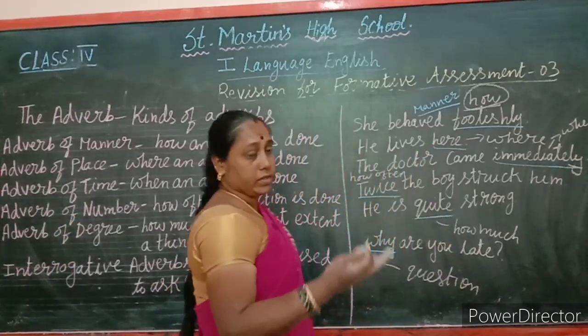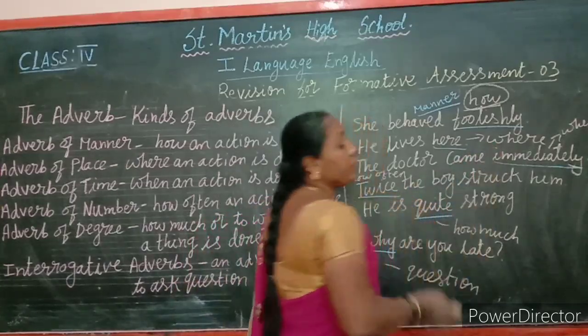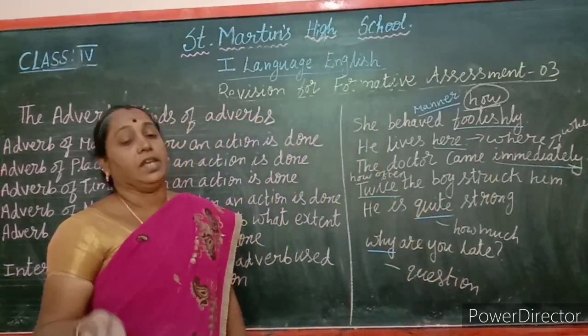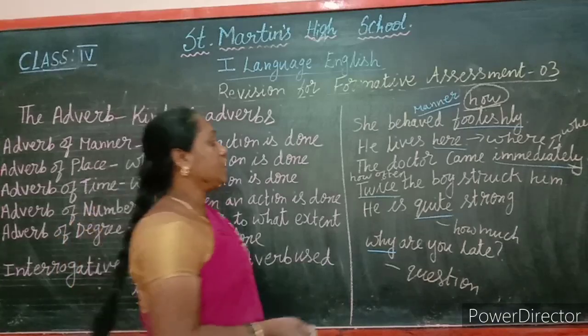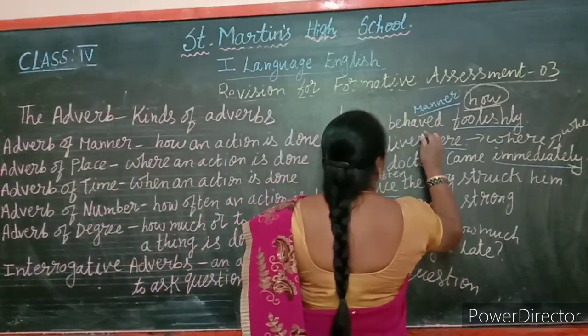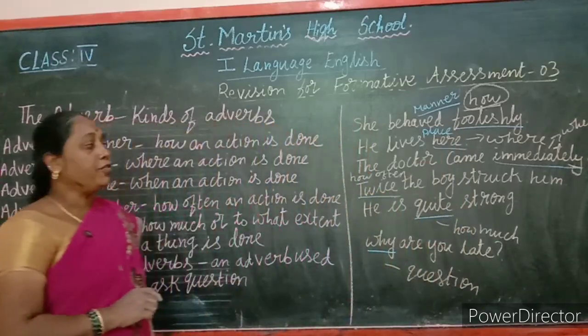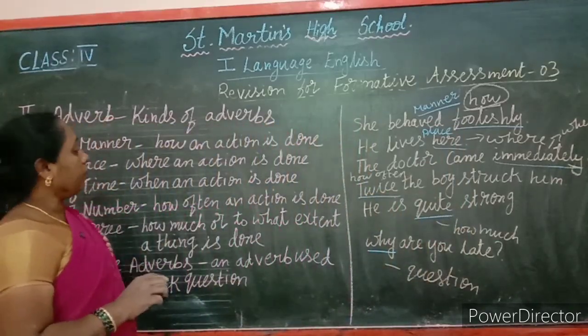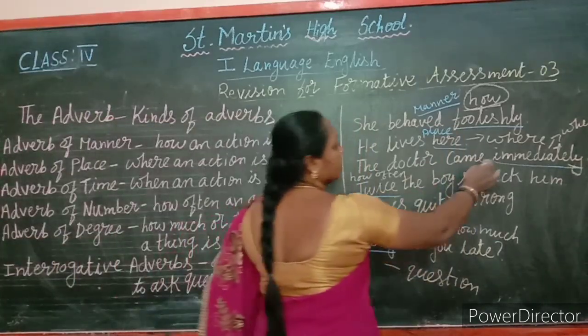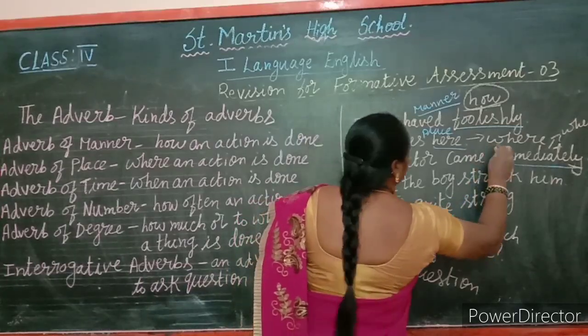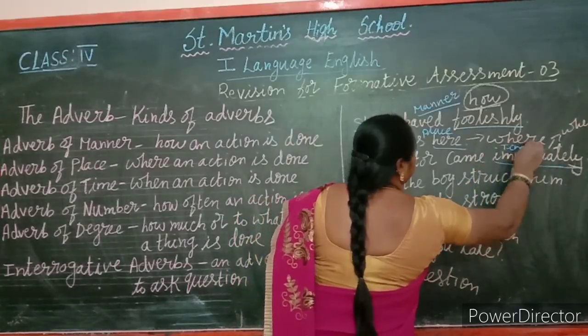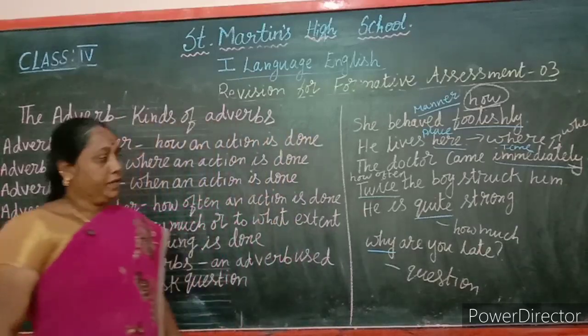Where he lives, it answers the question where. If it tells you where an action is done, you call it adverb of place. If the adverb tells you when an action is done, you call it adverb of time.